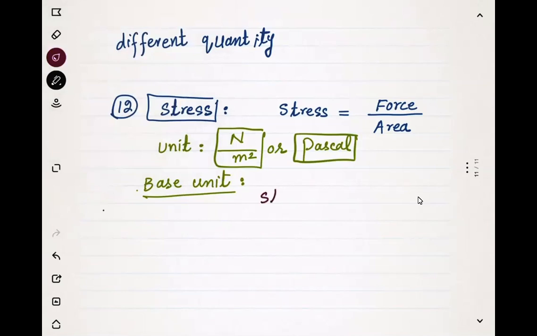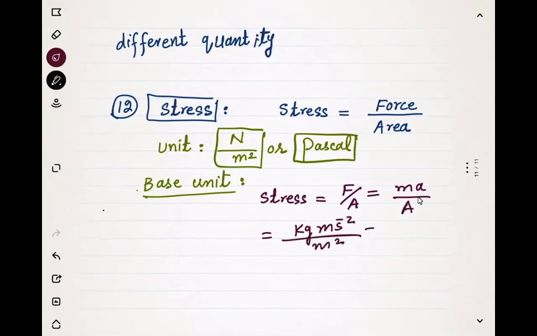according to formula, stress is force over area. Force is ma over area, so it will become kilogram meter second minus 2 over meter square. Finally, it will become kilogram meter minus 1 second minus 2. So this is the unit and base unit of quantity stress.